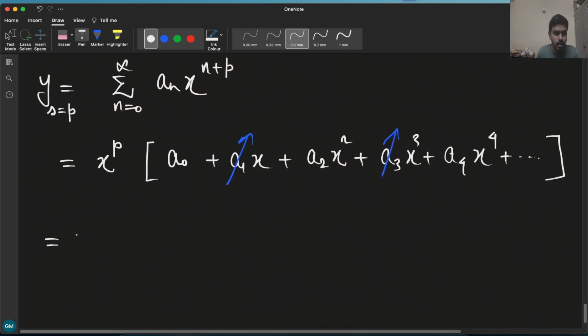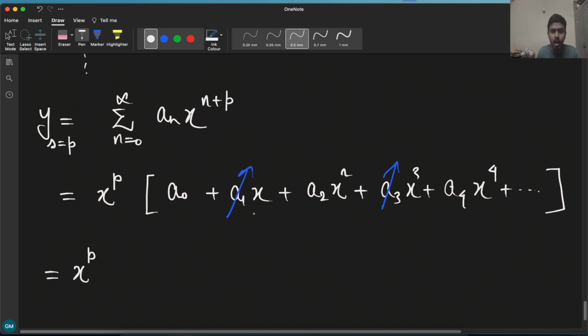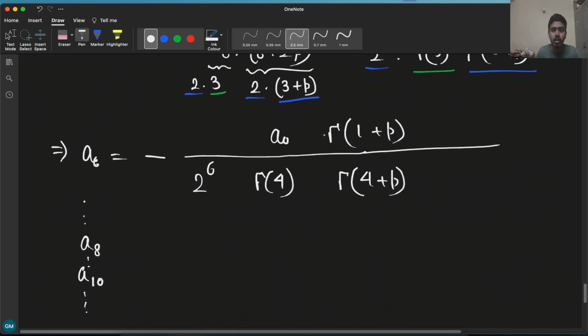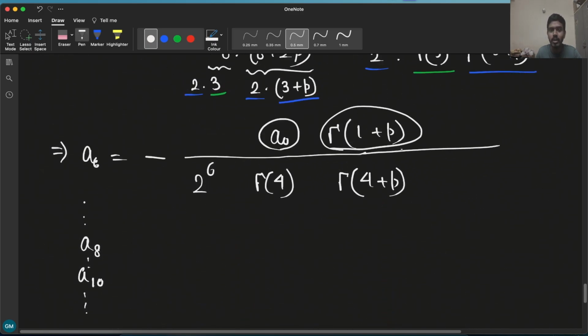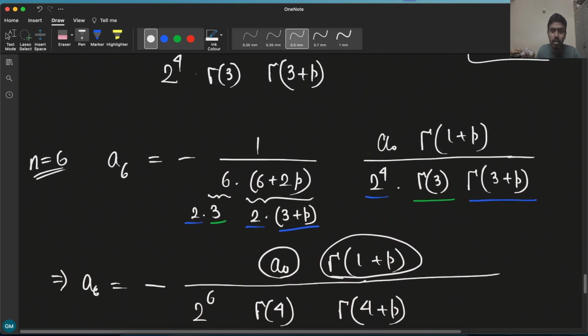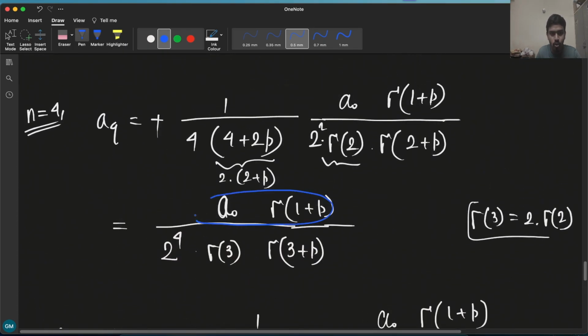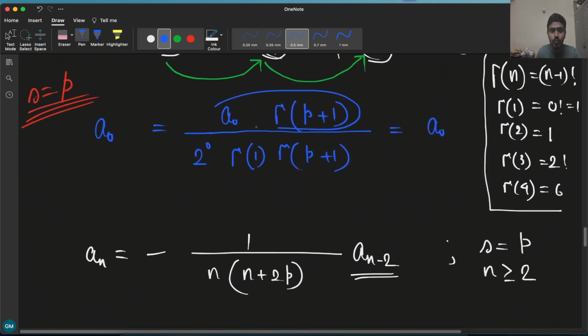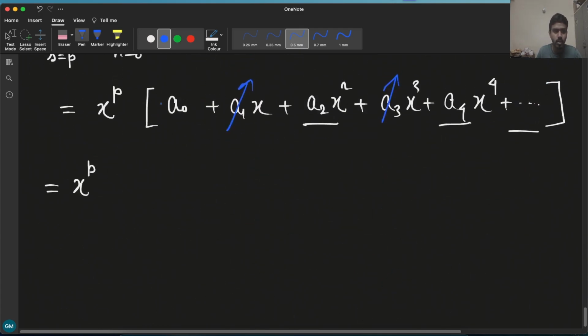In that case, it will be x to the power p times, and now you can see that in a2, a4, a6, this a0 times gamma of 1 plus p term is common. In a6, in a4, in a2, even in a0. So I can take this term outside of the summation, which is a0 times gamma of 1 plus p.